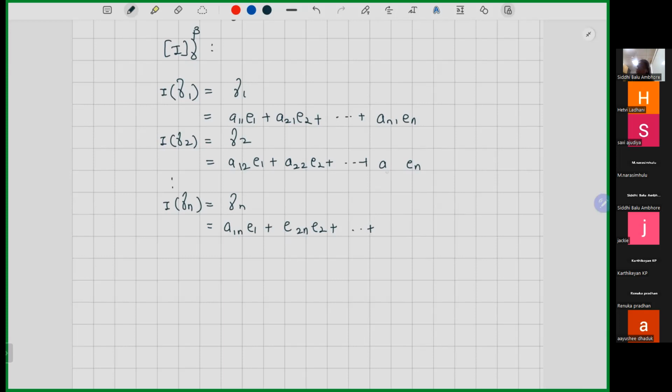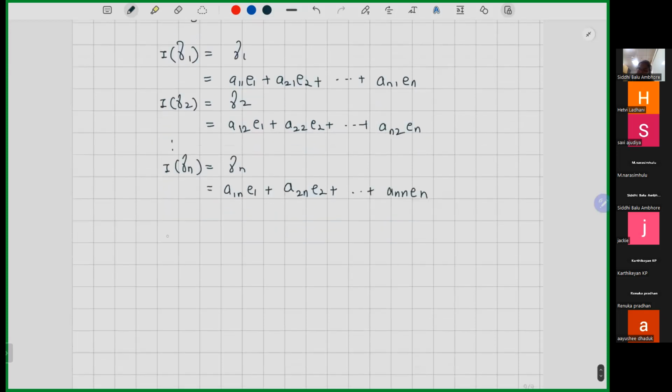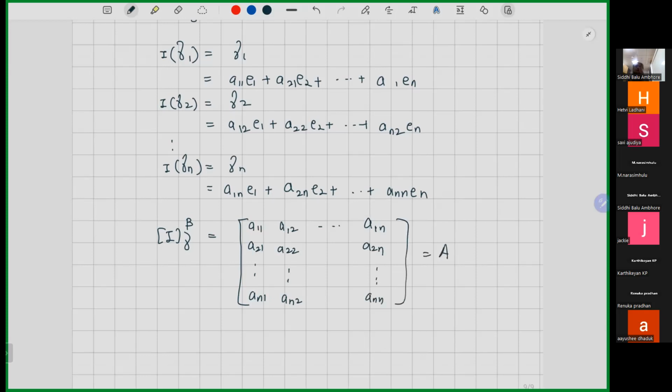So I was writing this correct. AN2, ANN, and if I want to write this I gamma beta, then it will be A11, A21, AN1, A12, A22, AN2, and so on, A1n, A2n, ANN. And this was my matrix A.